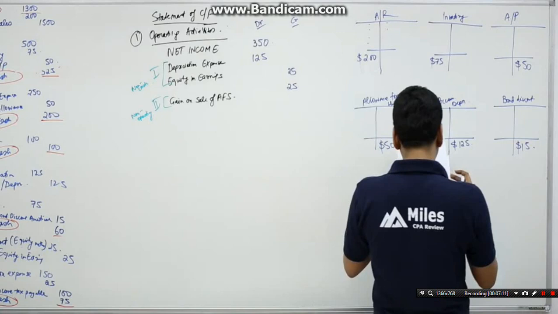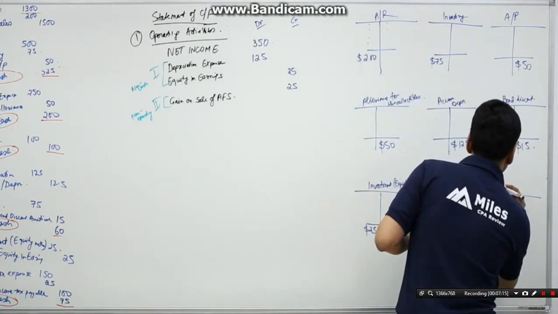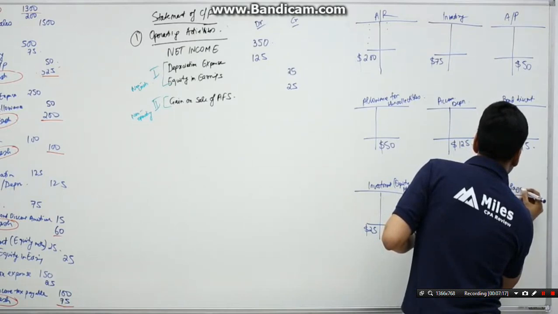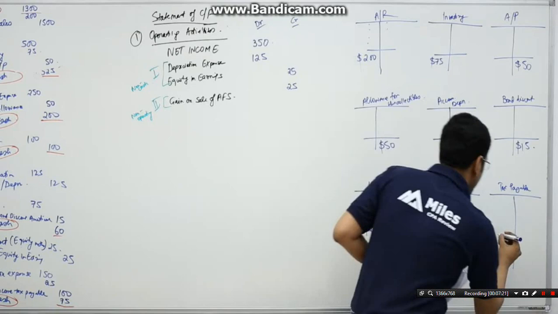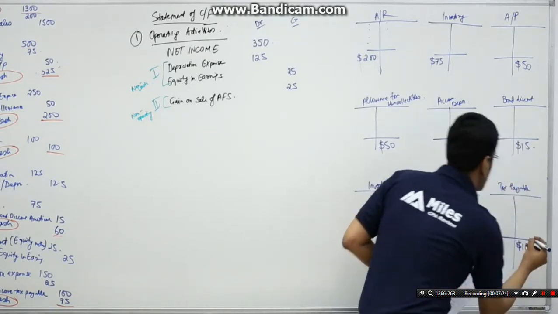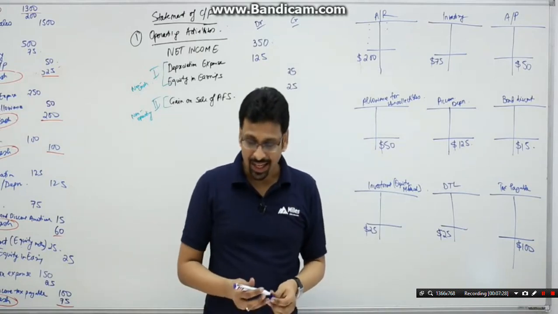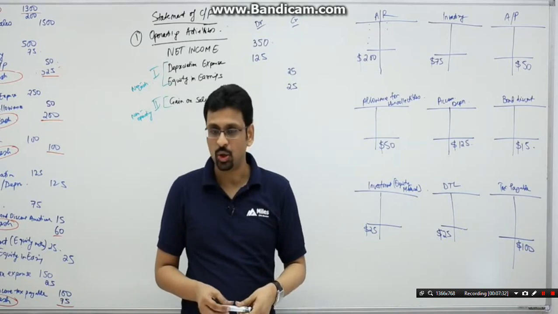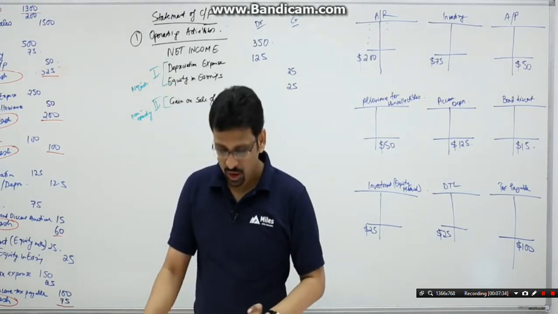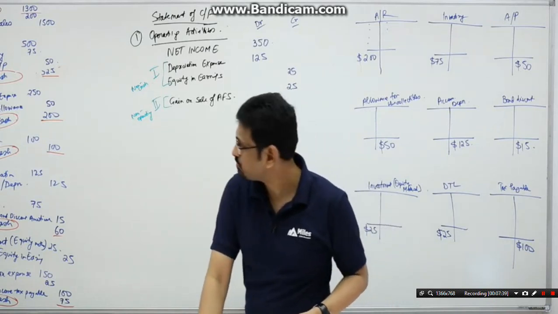Then you have increase in taxes payable. So tax payable, liability, increase in liability means credit, 100. So guys, now you got all these T accounts in place. So these are all the balance sheet changes that have happened during the year. Now what we'll do is, we'll look at what are those T accounts that we've already considered.